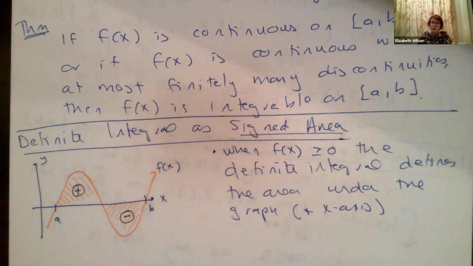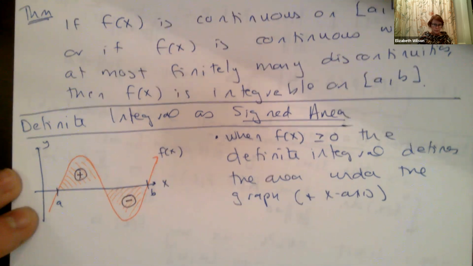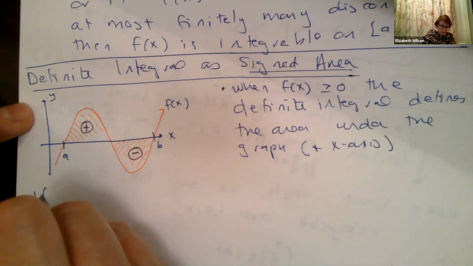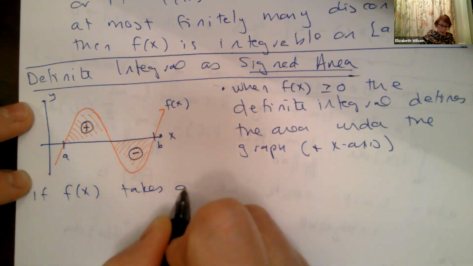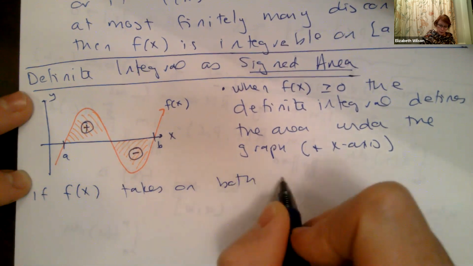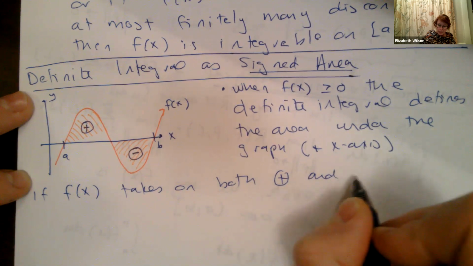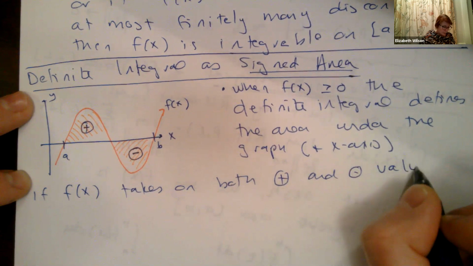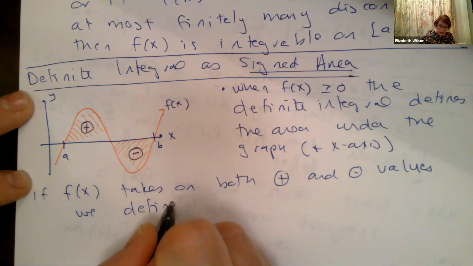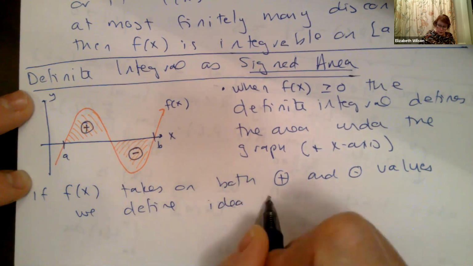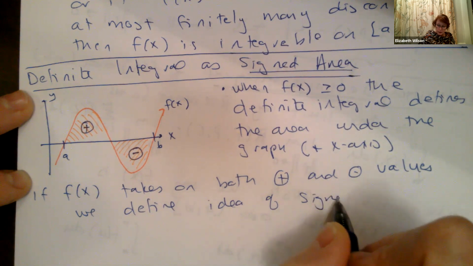So it's between the function and the x-axis. If the function takes on both positive and negative values, we define the idea of what's called signed area.